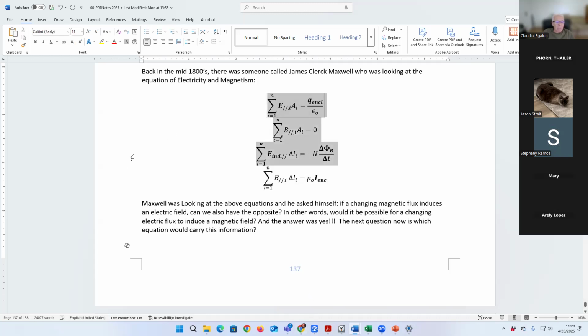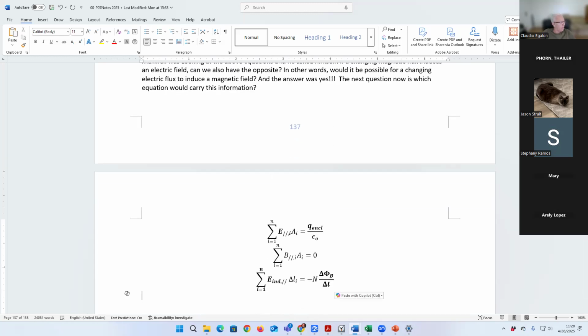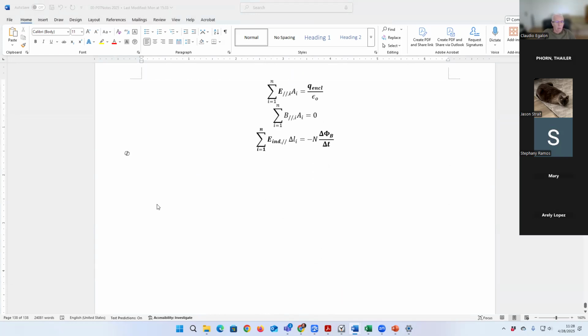Okay, well, it happens that it was Ampere's law that was incomplete at his time. Right here, it was this term here that was missing from Ampere's law.